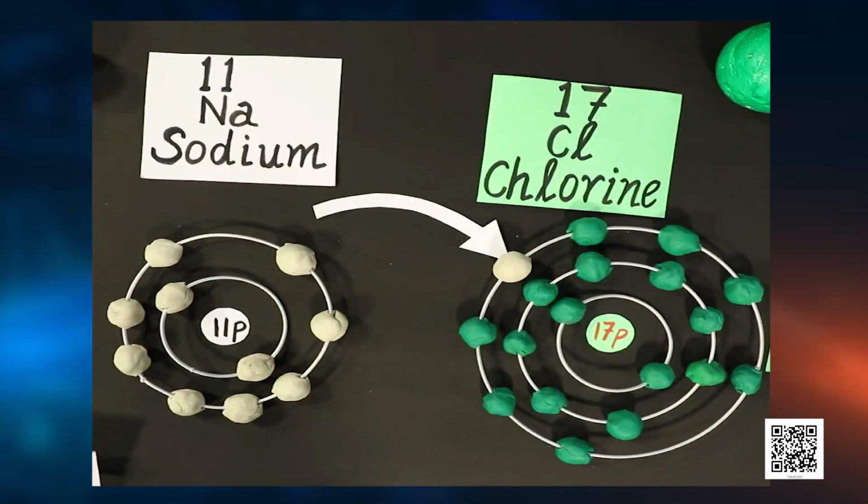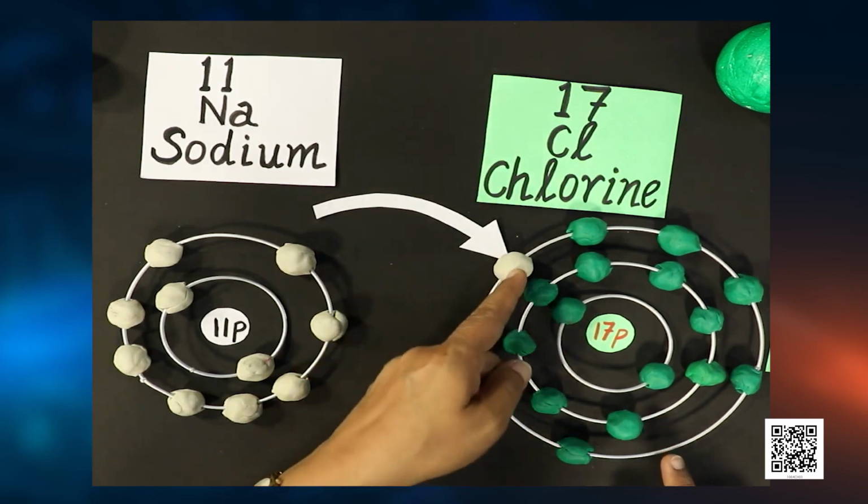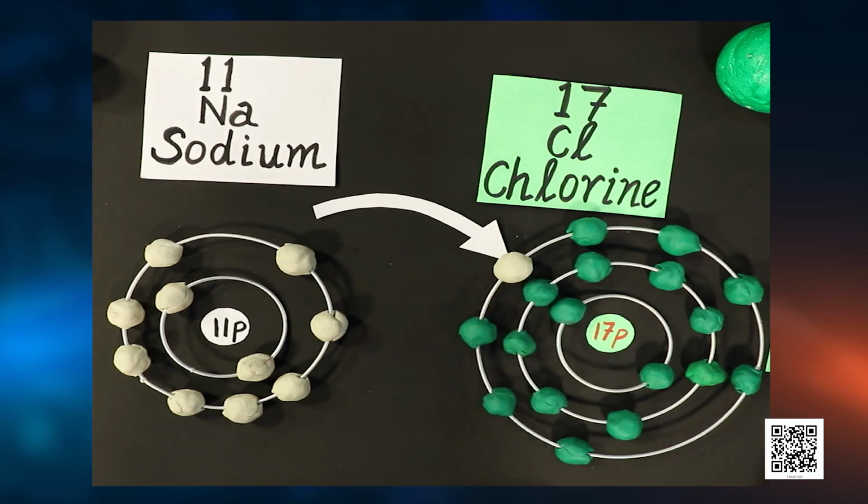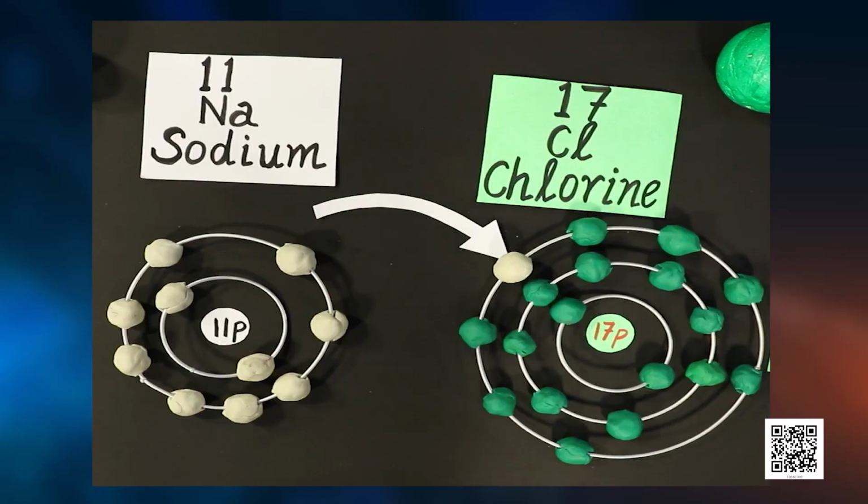Well, talking of sodium, yes, it can lose the electron from its M shell, and if sodium and chlorine were to react, this electron which is lost by sodium could be taken up by chlorine. So you can see the shifting of the electron from here to here. With this electron gone, what is the outermost shell of sodium now?